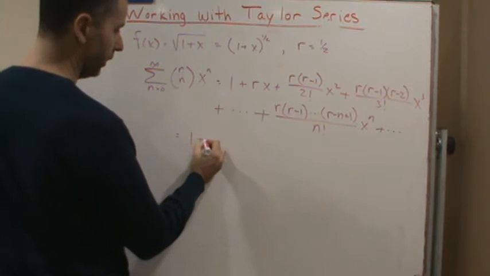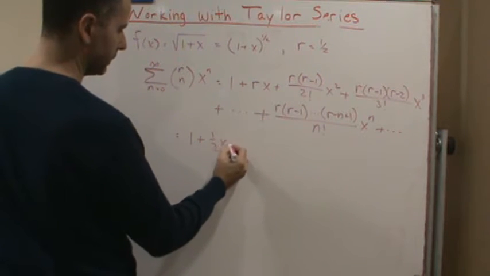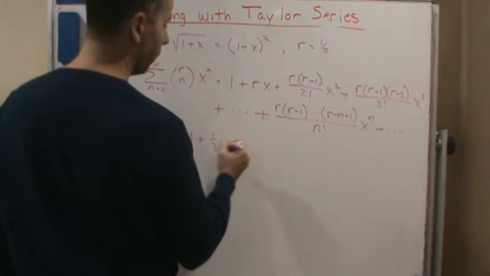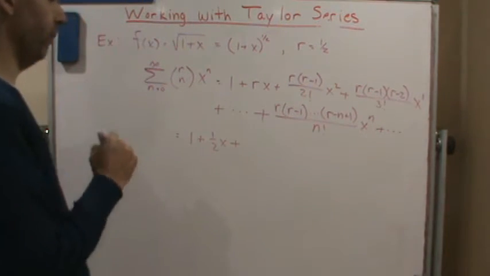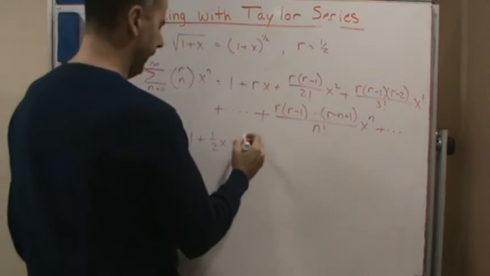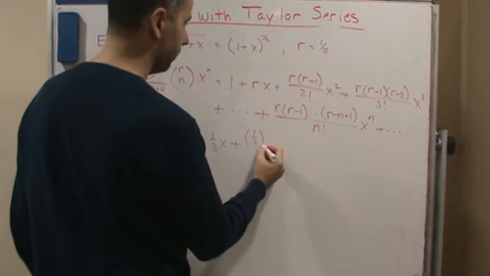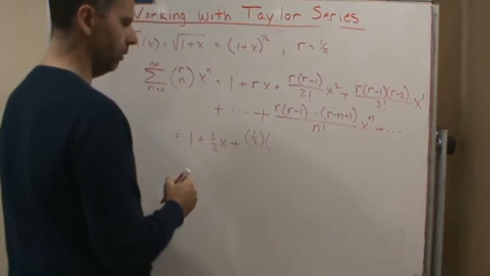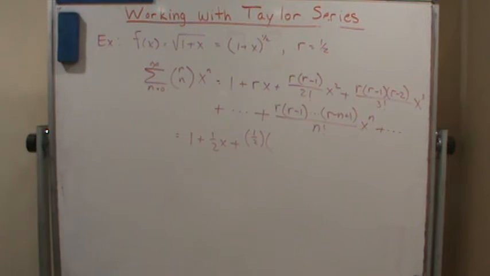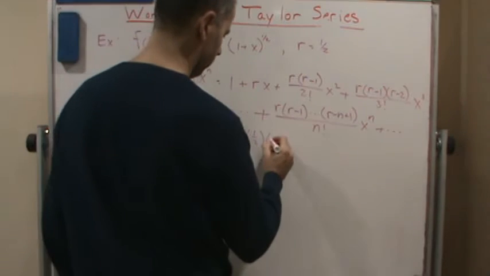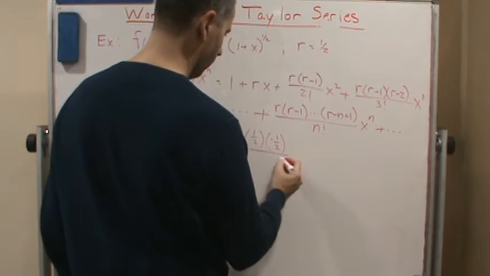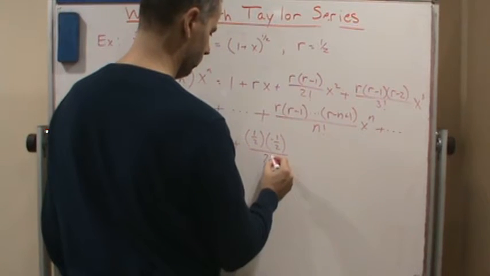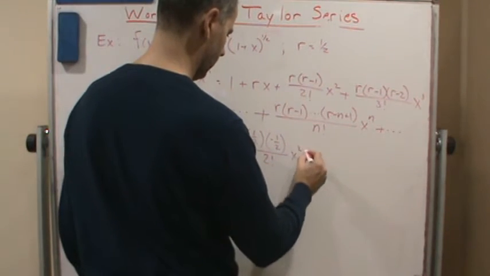So this is going to be 1 plus 1/2 x plus, well, this is going to become 1/2 times 1/2 minus 1, which is -1/2, over 2 factorial x squared.